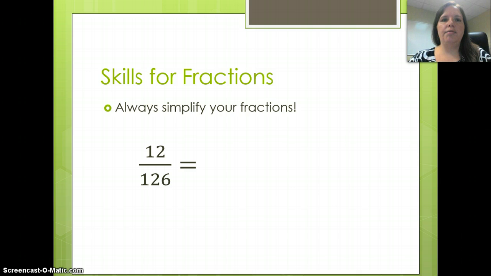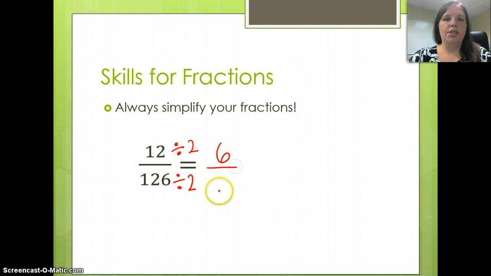The other skill you're going to need for fractions is simplifying. A couple ways you can think of simplification. One way is you can just think, okay, what number goes into both, because every fraction answer we do this year, you're going to want it in simplest form. So what divides both 12 and 126? Well, I know 2 divides them. Maybe there's something bigger, but you give something that you know divides them.